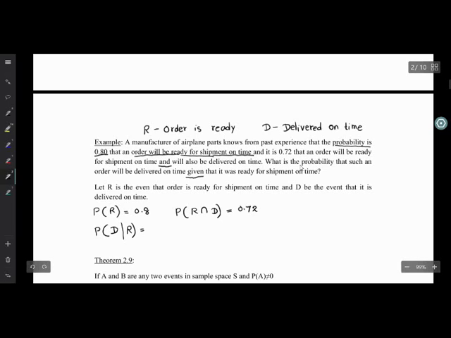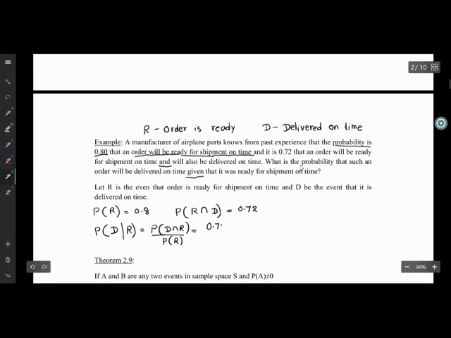So this is the conditional probability. Now we don't have a table-like format here. We don't have all the information, but we can use the definition of the conditional probability. The definition is the probability of the intersection divided by the probability of the given one. So we have all these necessary numbers.